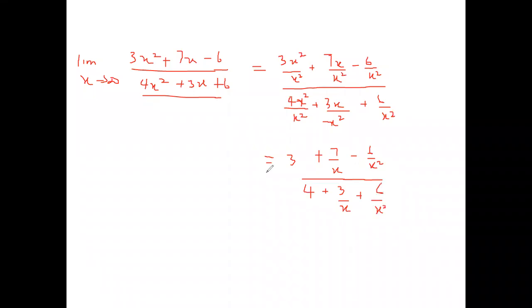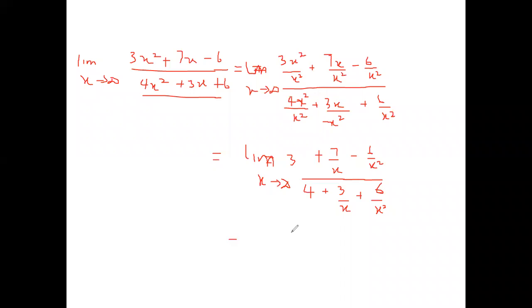Okay, then now we can evaluate the limits. Don't forget to bring the limit along whilst simplifying. So this limit as x approaches infinity, and same here, the limit as x approaches infinity. Okay, so now we'll evaluate the limit.